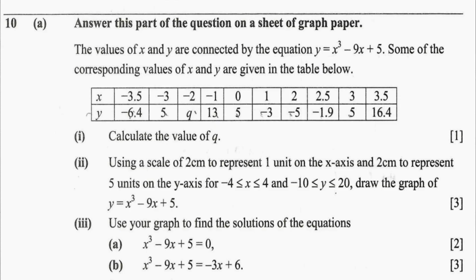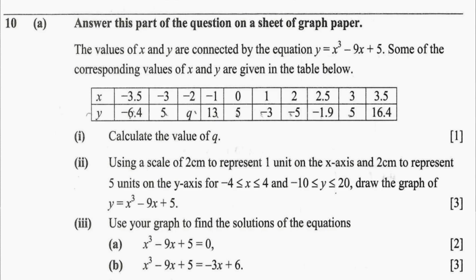We've got the x values and the y values: negative 3.5, negative 3, negative 2, negative 1, 0, and so on. Without wasting our time, the first question says calculate the value of q.